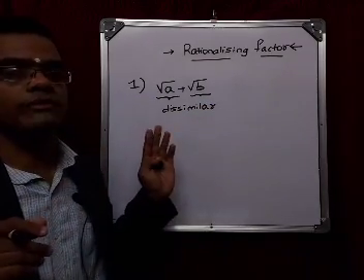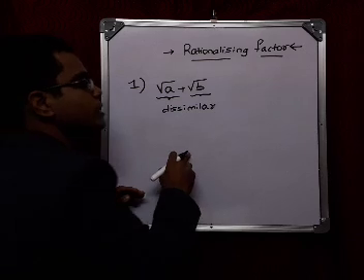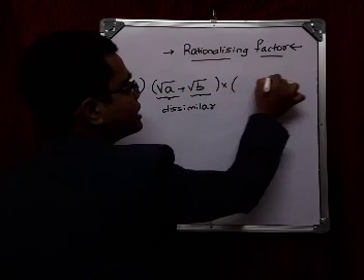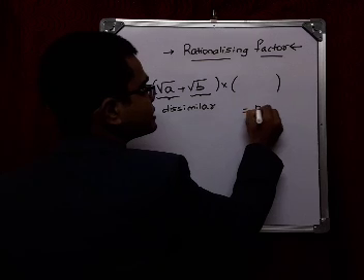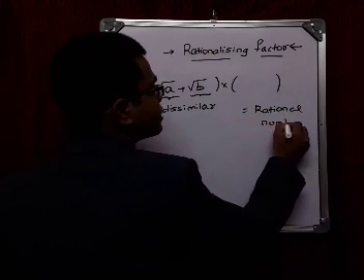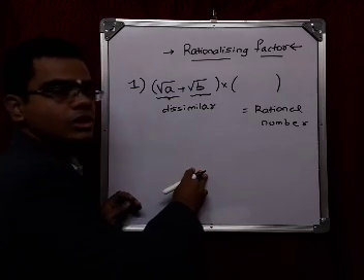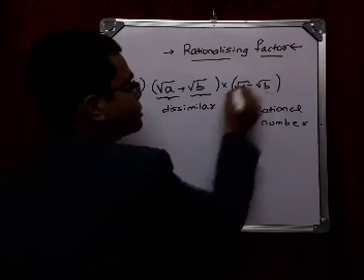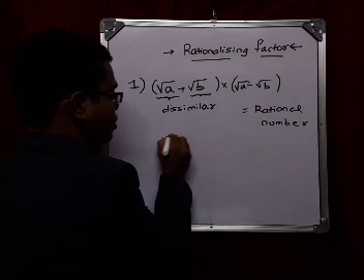They are two different surds. Now root a plus root b, we need to multiply with some other surd so that we get a rational number. I think we can easily guess what that is. I'm writing it here directly, root a minus root b. We can check whether it is correct or not.